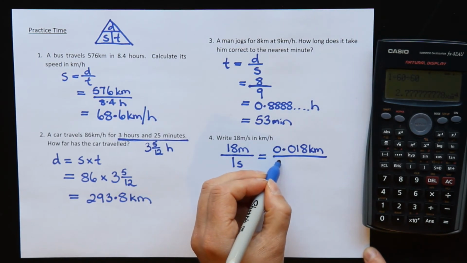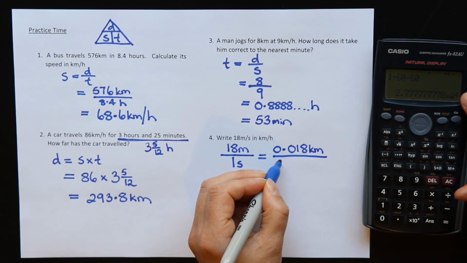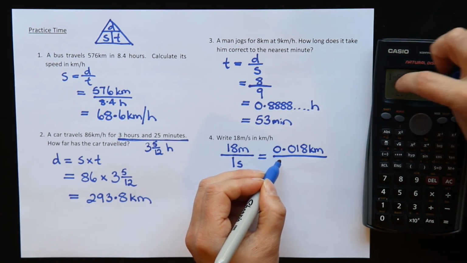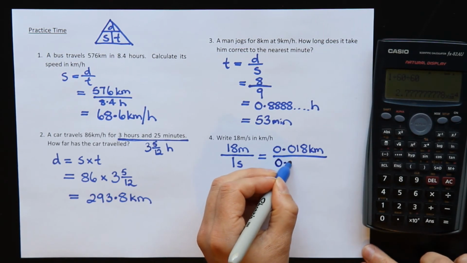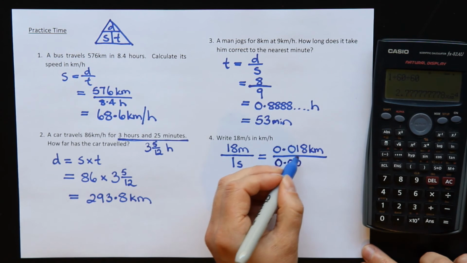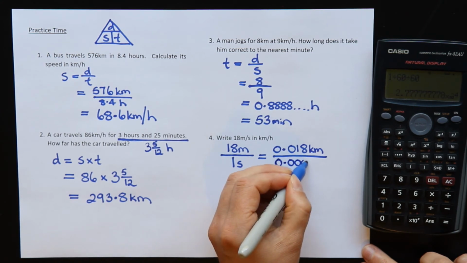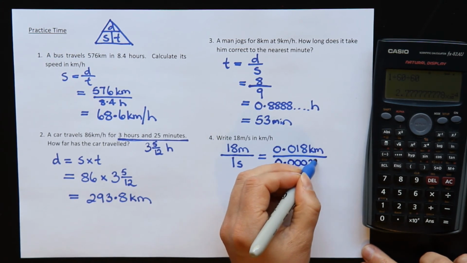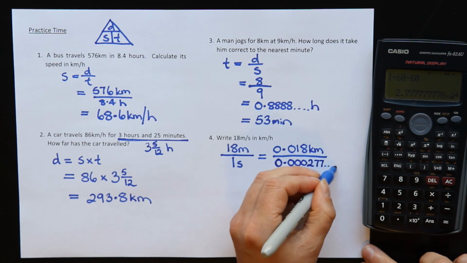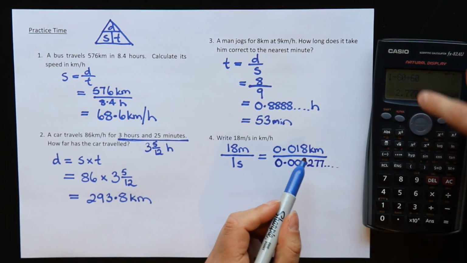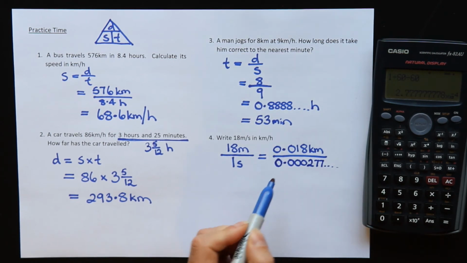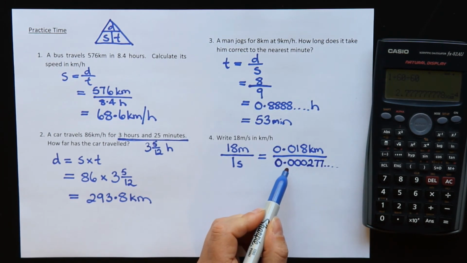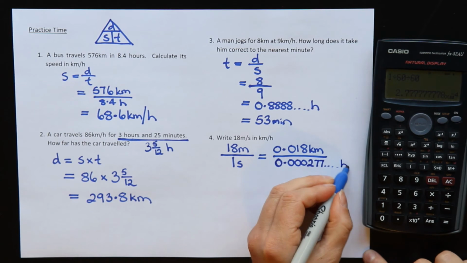As a decimal, the -4 means we need to move the decimal point 4 places in front of that. It is 0.000277, and it's going to keep going on like that. So that decimal point has moved 4 places. It is a very, very small number, to change that into hours.